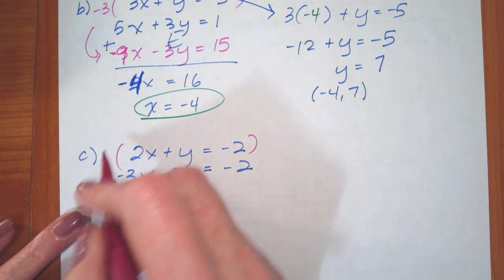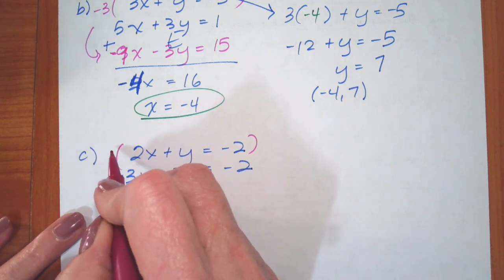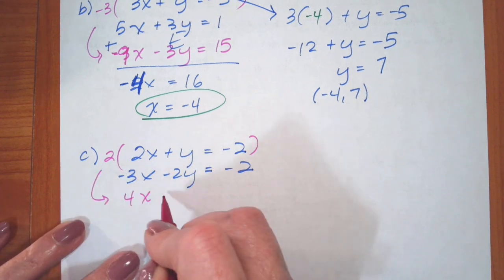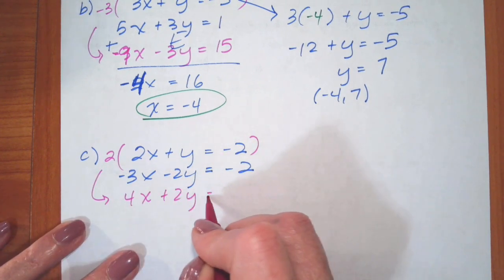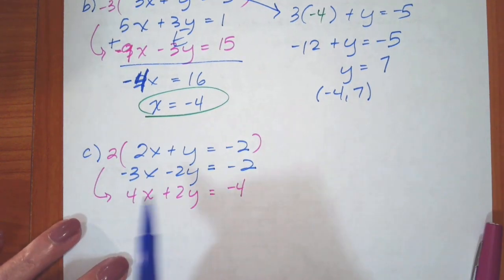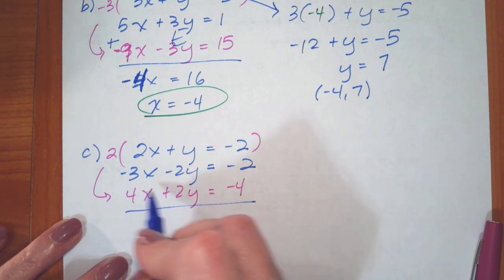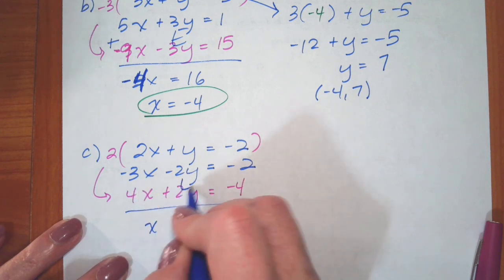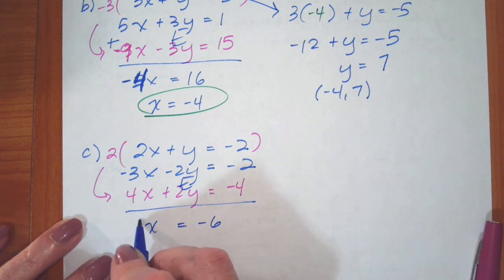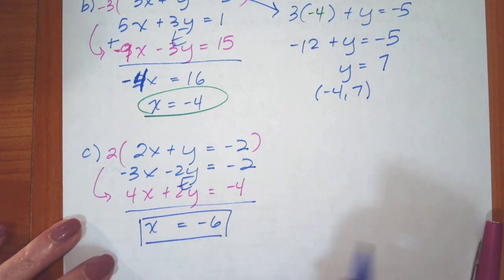I'm going to do that one. So I'm going to multiply this equation by 2. That gives me 4x plus 2y is equal to negative 4. When I add them together, I get x is equal to negative 6.